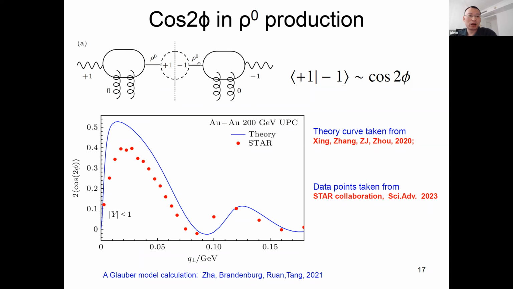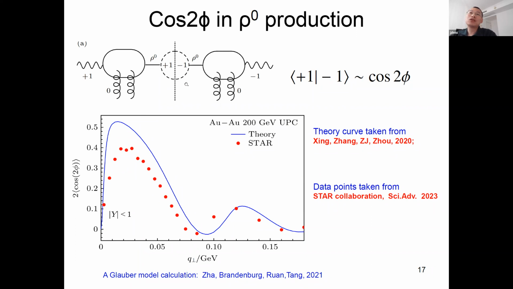And on the right-hand side of the cut, the dipion system carries -1 unit of orbital angular momentum. Then the interference between these two p waves yields the cosine 2 phi as the main asymmetry. Here phi is still defined in a similar way: the angle between the rho zero's transverse momentum and the individual pi's transverse momentum.